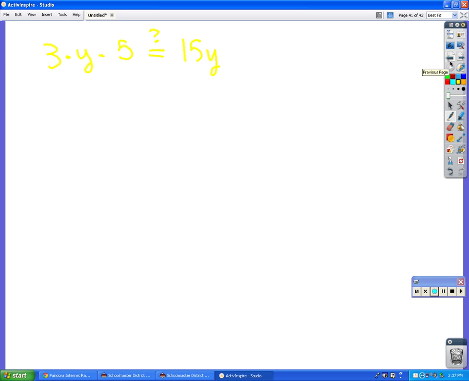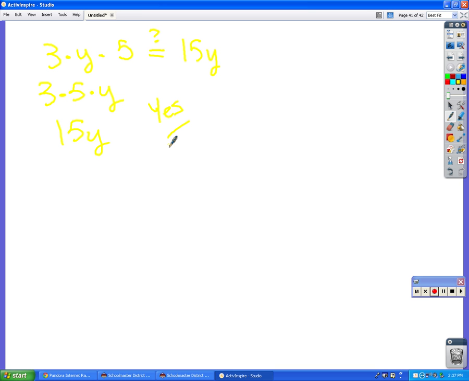Is 3 times y times 5 the same as 15y? Yes. Why? Because 3 times 5 is 15. So what you're doing then is using the commutative property to switch those around, right? 3 times y times 5 is the same as 3 times 5 times y. And then 3 times 5 is obviously 15, and so we end up with 15y.